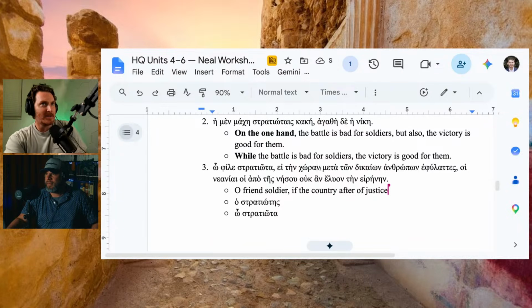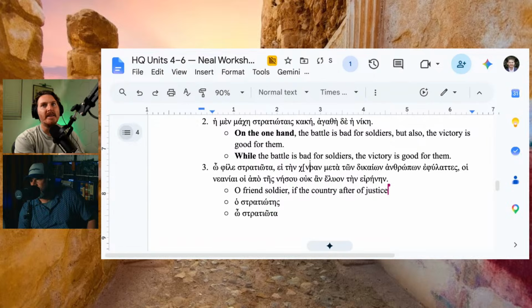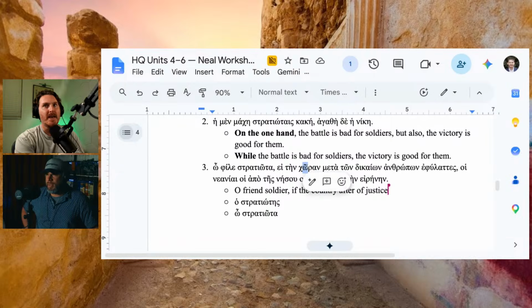How do we know that it's a long alpha, even without the macron? I know you don't like these questions, but I'm just going to quiz you. I don't know. It's because we have an acute accent over the omega. So if this word were written like this, horan, that would mean that the alpha is short. But we know the alpha can't be short because the omega has an acute accent on it.